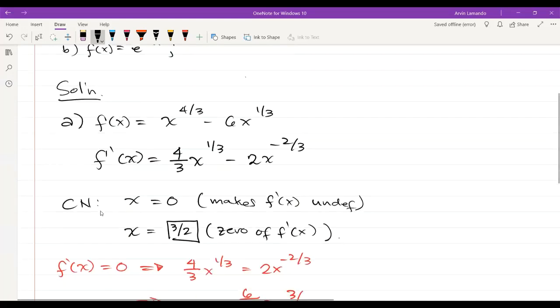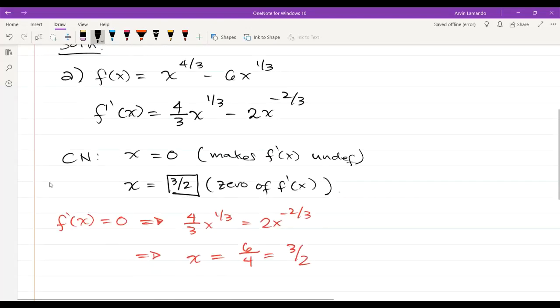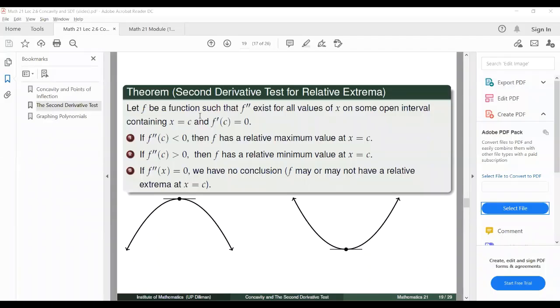However, which of these critical numbers satisfy the hypothesis of the second derivative test? Okay, let us recall that the second derivative test is only valid for critical numbers that make the first derivative of f equal to 0.